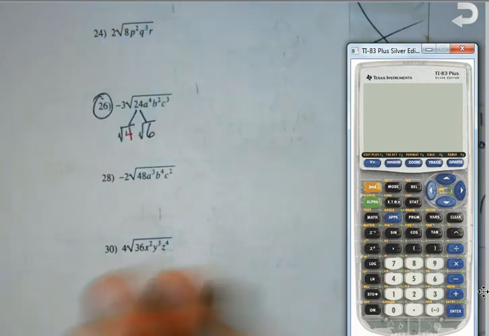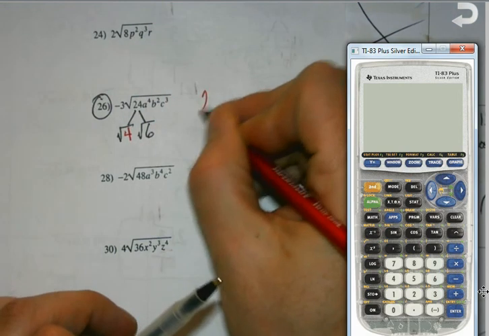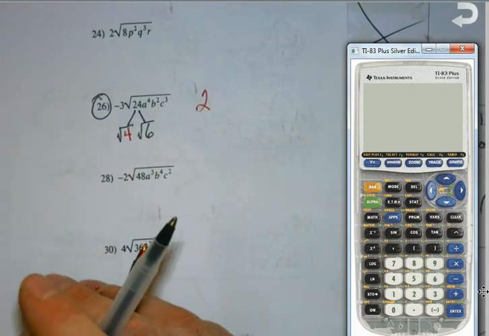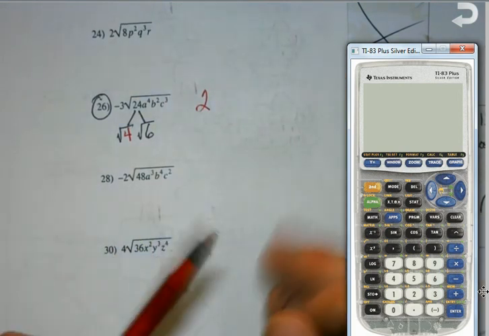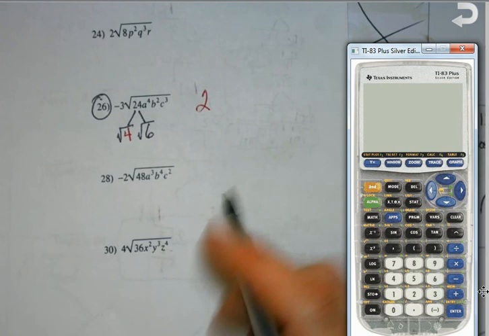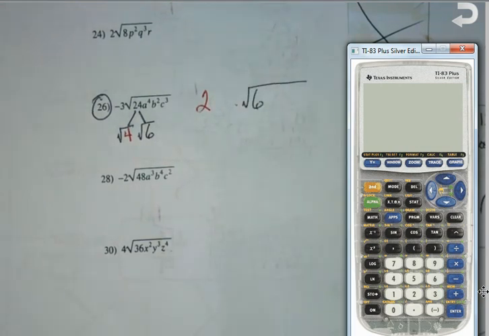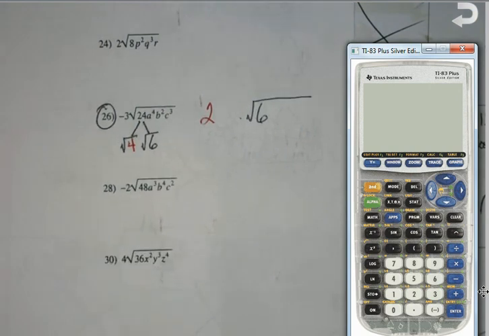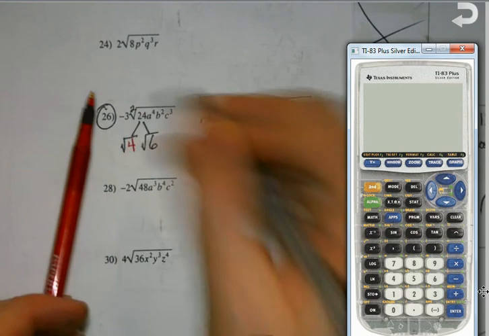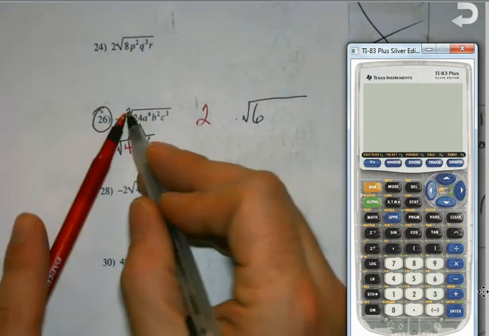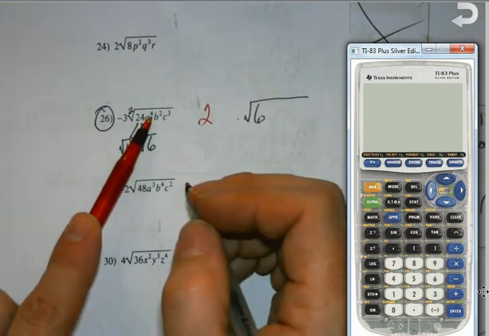So when I break that down, square root of 4 is 2. I know that from my list that I jotted at the front or looking at the sheet we had yesterday. And I'm going to leave lots of room under my radical because I see there's 3 variables this time. So I've got my 2, I got my 6. Now I'm going to start dividing. So how many times does 2 go into 4 for my a's? Twice.